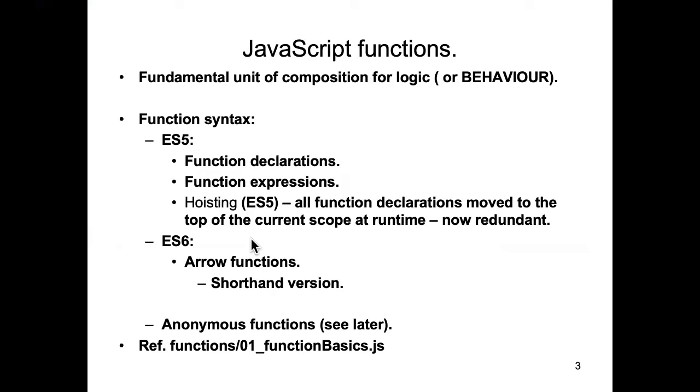I said at the outset, modern JavaScript also has classes. If you think about it in the context of Java, a class is a way of composing logic or behavior. JavaScript does now have classes, but they're not actually native to the language at all.